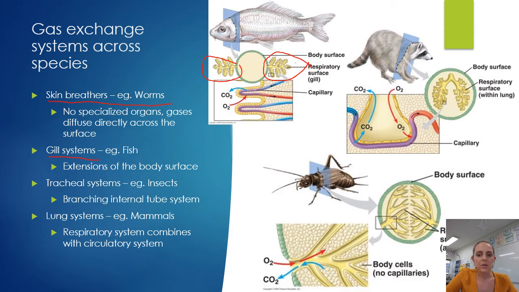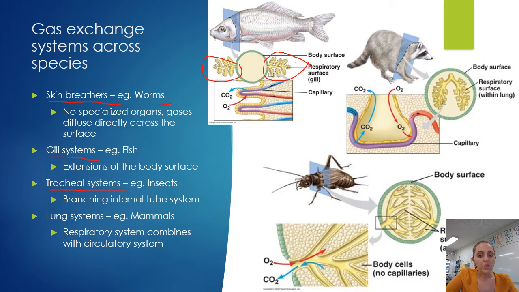We'll have a better look at the gills shortly. There's little projections, again, maximizing surface area, which allow oxygen to diffuse in from water into the bloodstream of the animal and the CO2 to diffuse out. It's a bit more complex than that, and we'll have a look at that soon.